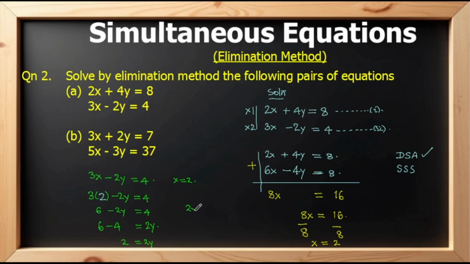Dividing both sides by 2, our y value would be simply 1. y equals 1. Therefore, as the x value is 2, the y value is just 1.